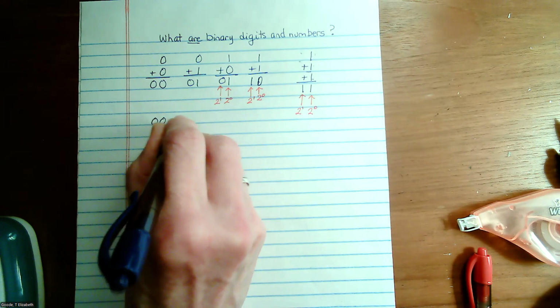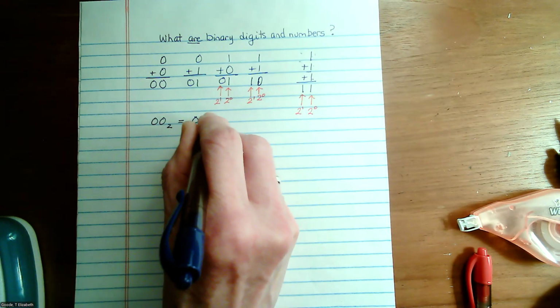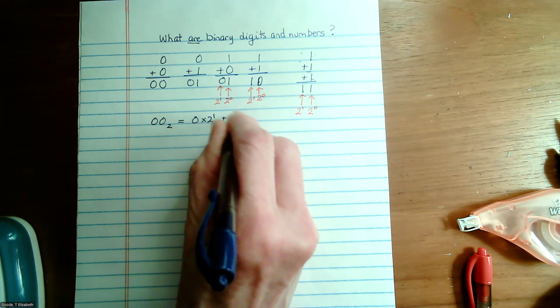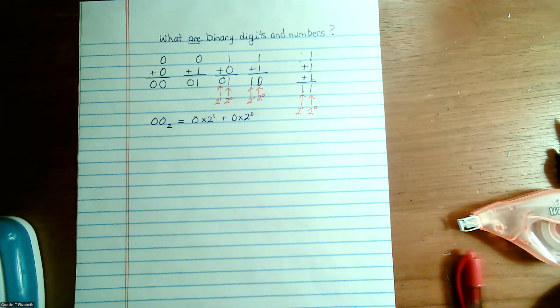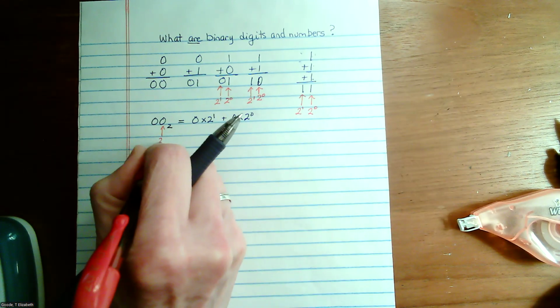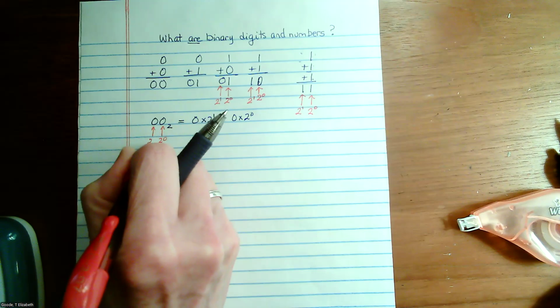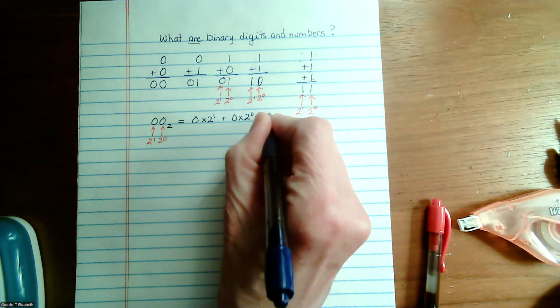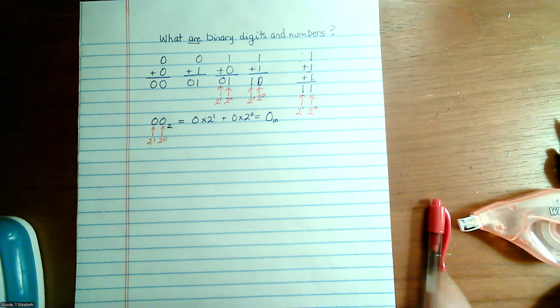00 in base 2 is 0 times 2 to the 1 plus 0 times 2 to the 0, because we don't have any 2 to the 0s, and we don't have any 2 to the 1s. So this is 0 in base 10.